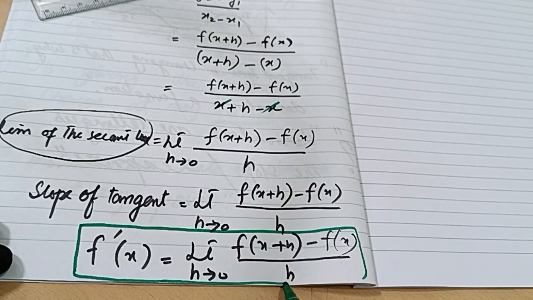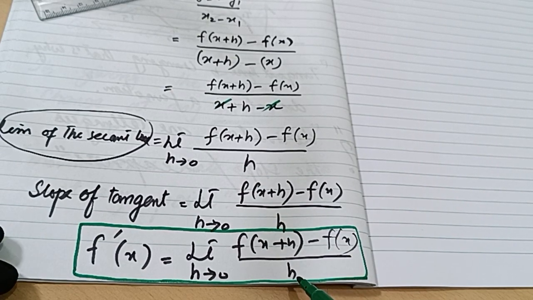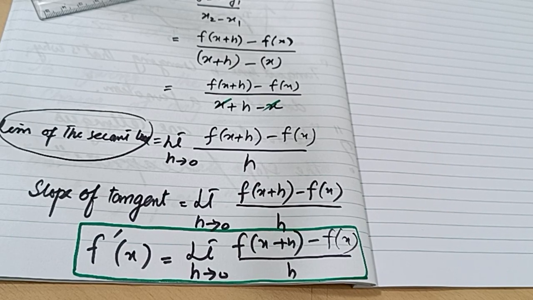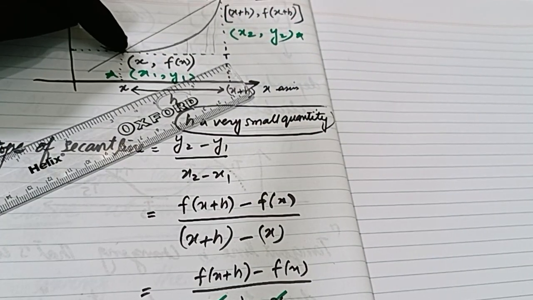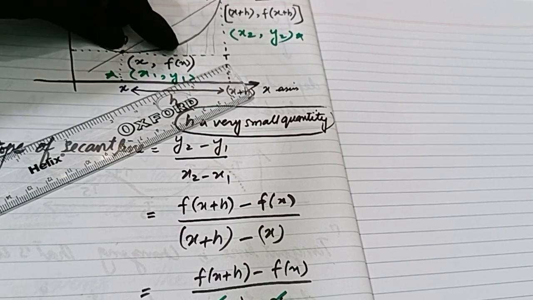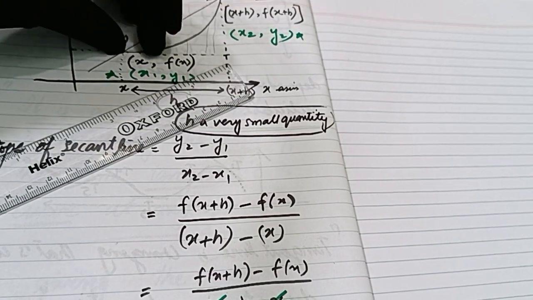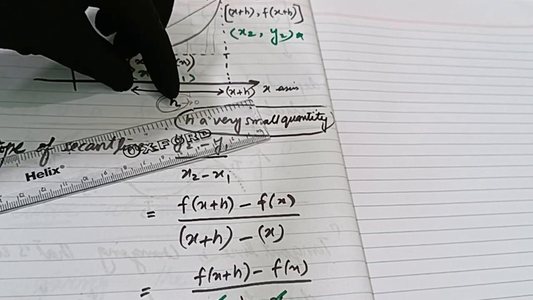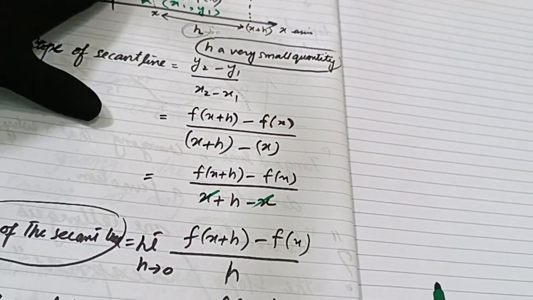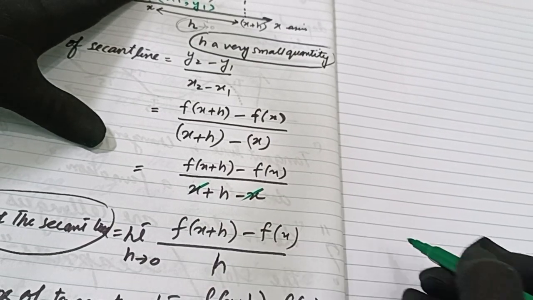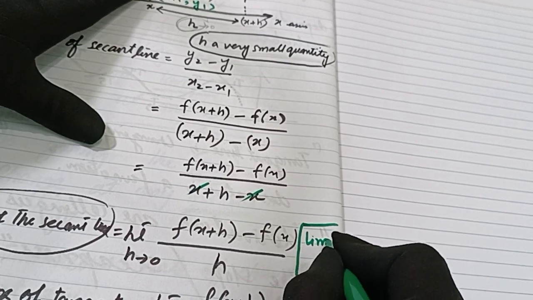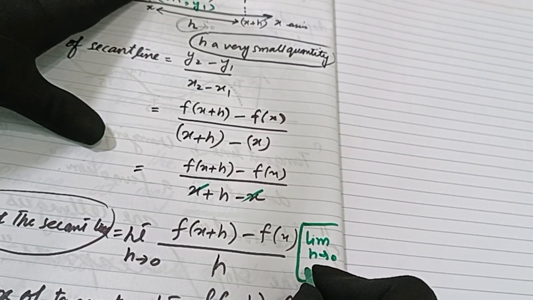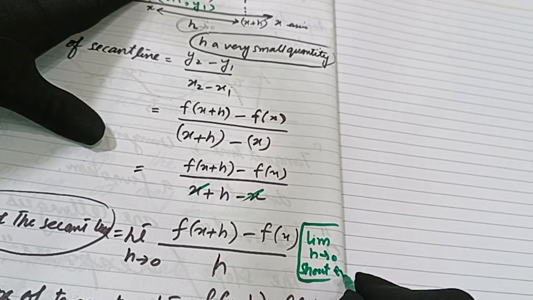It can be explained again as the rate of change of two quantities, or the instantaneous rate of change at any point. Suppose you are checking the instantaneous rate of change at point A here. Here the slope is getting small and the secant line is approaching a tangent line when h approaches 0, and there is a condition that the limit as h approaches 0 must exist.